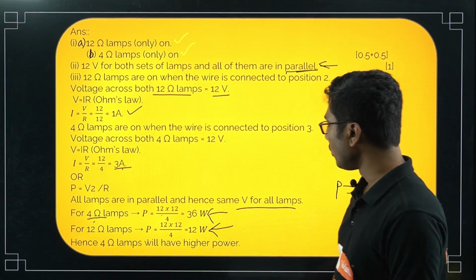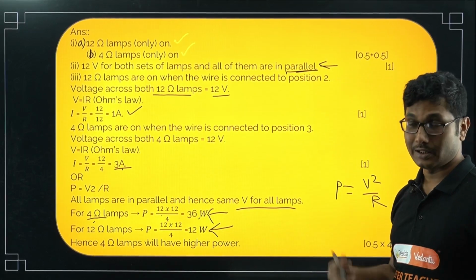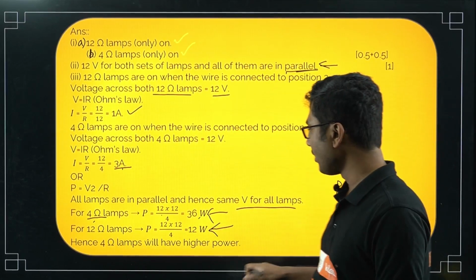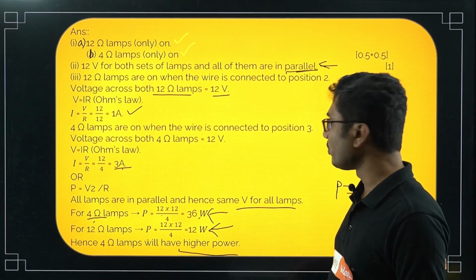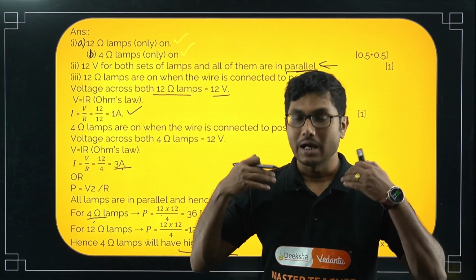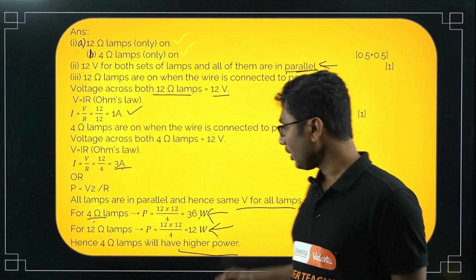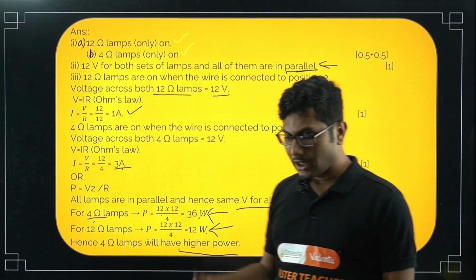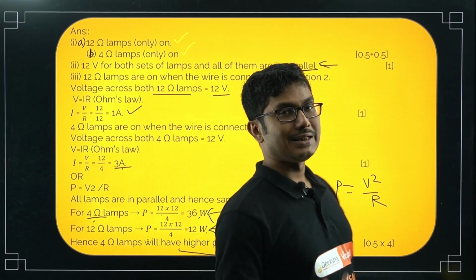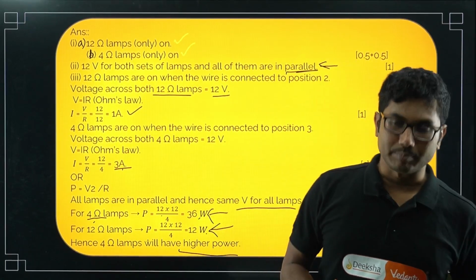So the 4 ohm lamps consume more power, hence they have higher power. So 4 ohm lamps are the main lamps or headlamps because they have more power compared to the 12 ohm lamps. 12 ohm lamps consume less power, so they act as side lamps.